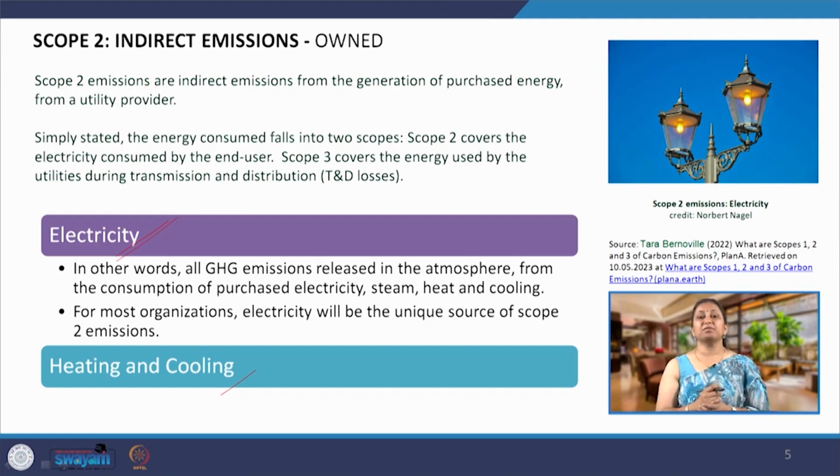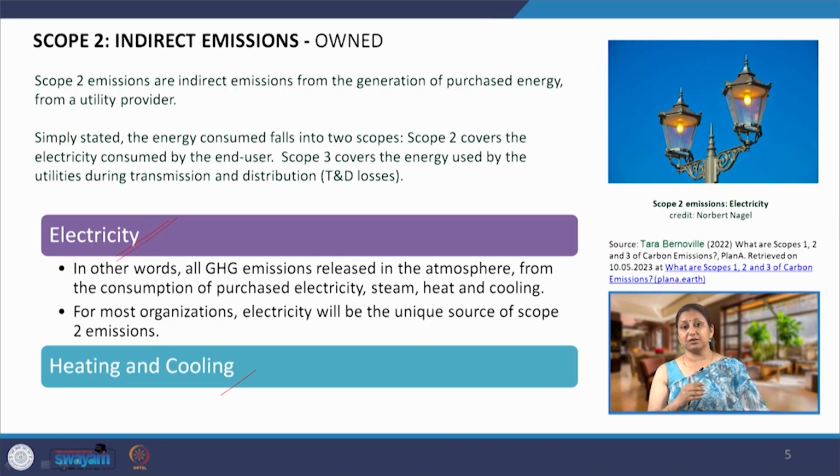I might have, for example, a garment factory. In my garment factory, all the machines are running on electricity, all the stitching, all the weaving, everything is happening on machines which are running on electricity. There might not be direct emissions resulting from the manufacturing process of this garment, but this electricity is actually being produced somewhere.